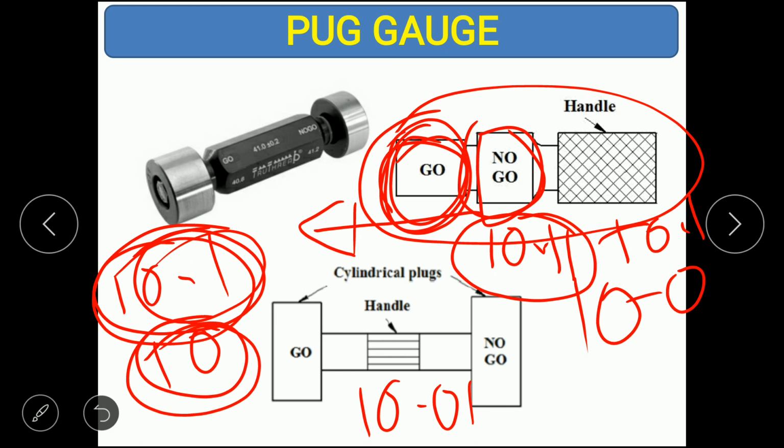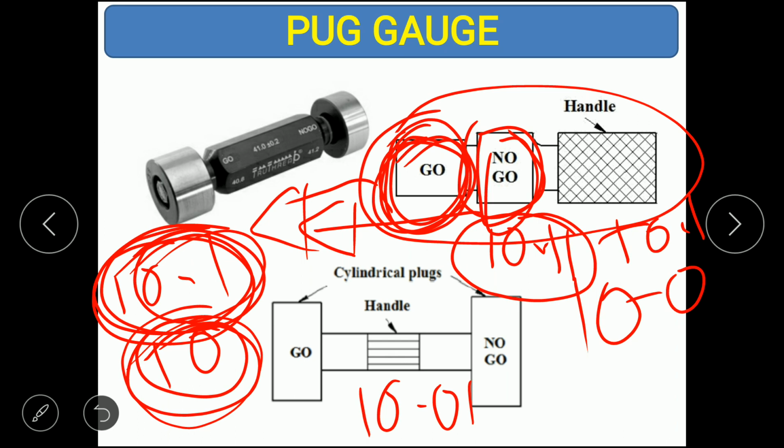So if the go gauge dimension is 10.1, if it goes inside, then that means the dimension is more than 10. And if the no go gauge is not inserted into the hole, that means the hole dimension is less than 10.1. Means what it indicates is the hole dimension lies between 10 and 10.1.